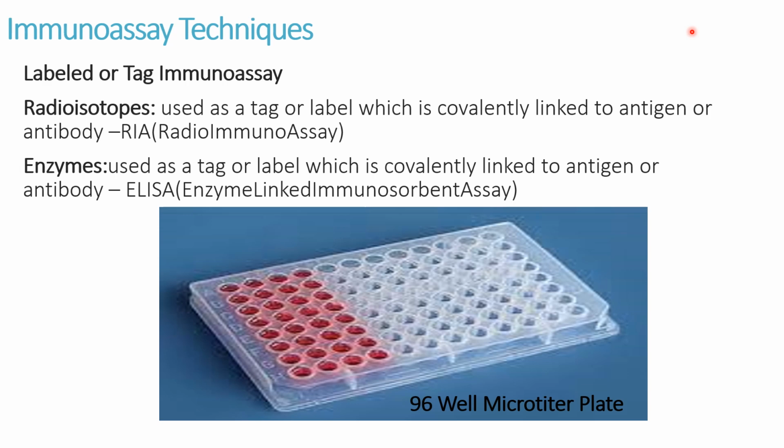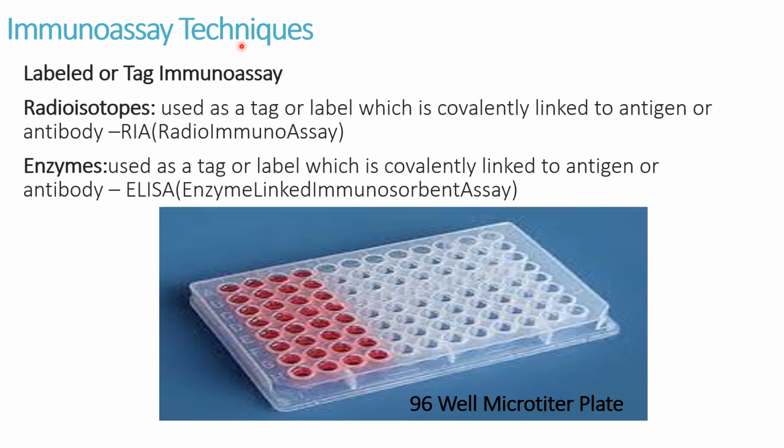Hence, precipitation and agglutination techniques cannot detect individual antigen-antibody interaction, and therefore there are certain techniques which detect these antigen-antibody interactions which are present in very low concentration, and these techniques are known as immunoassay techniques.